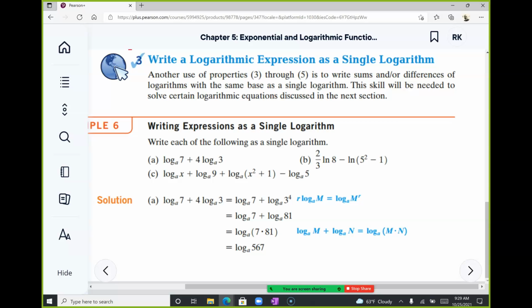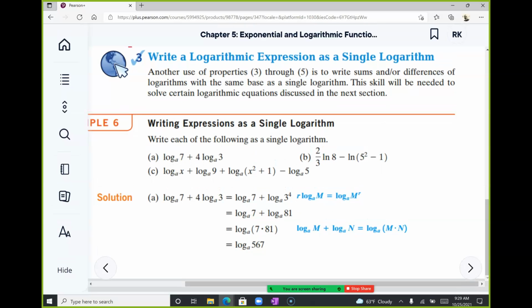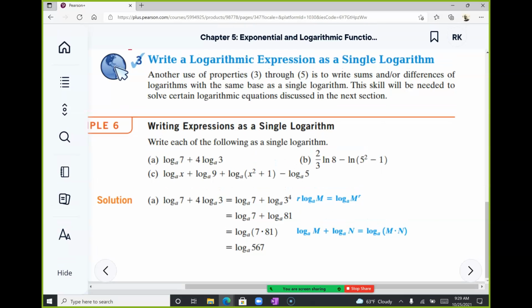And here is the whole piece in reverse, right? Let's do log base a of 7. Let's do part A here. Log base a of 7 plus 4 times log base a of 3.